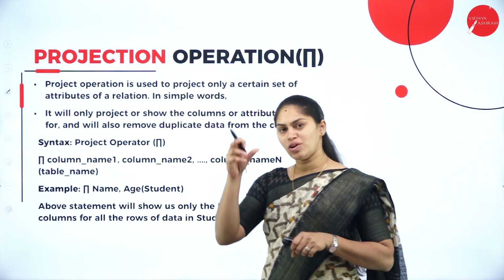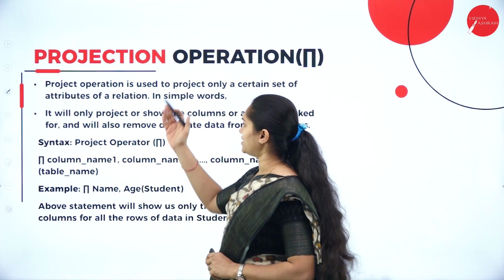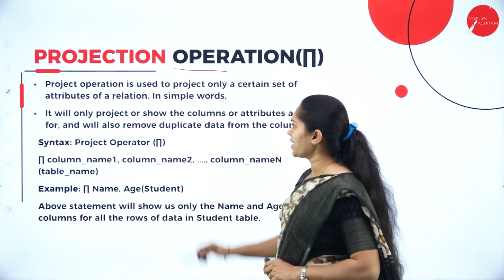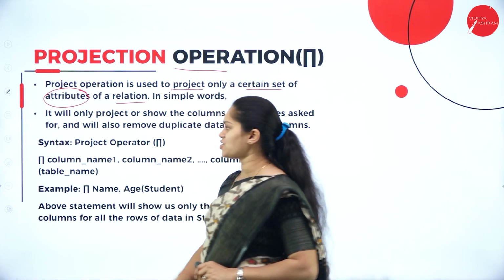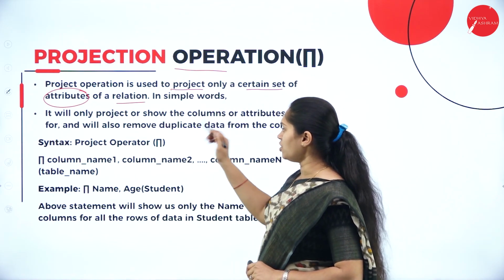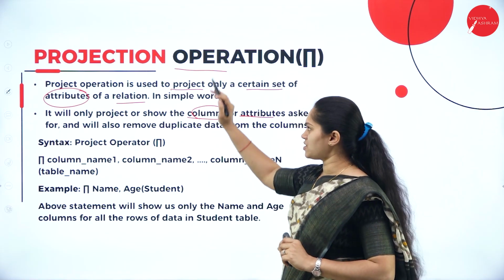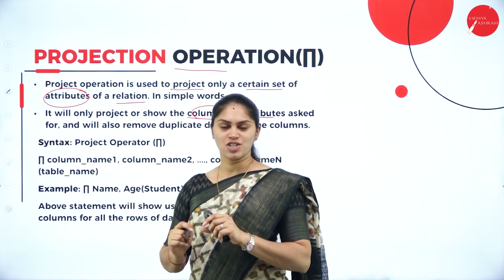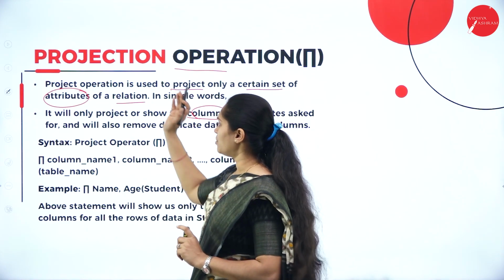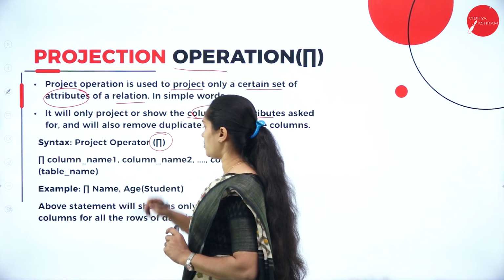Then what if I wanted to select particular columns? For that we have the projection operation. It is used to project only a certain set of attributes of a relation. Whenever we wanted to show only the columns or attributes, we have to use the projection operation: tuples or rows with the help of selection, columns with the help of projection. So what is the syntax or the operator we are using?